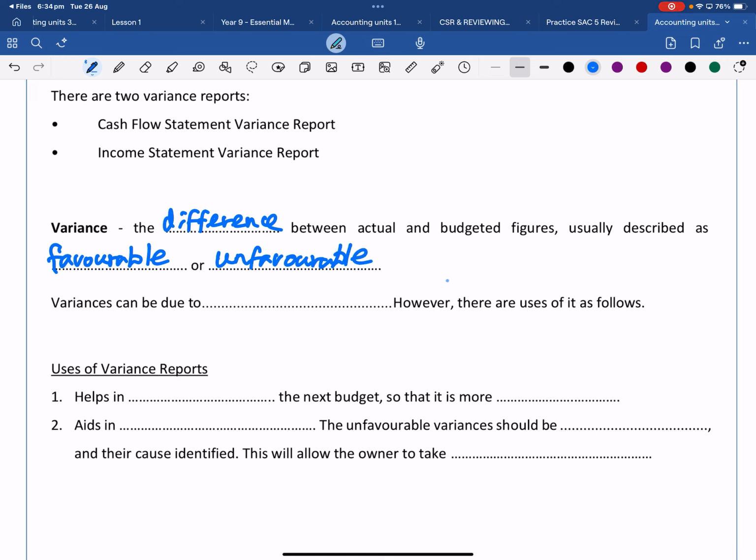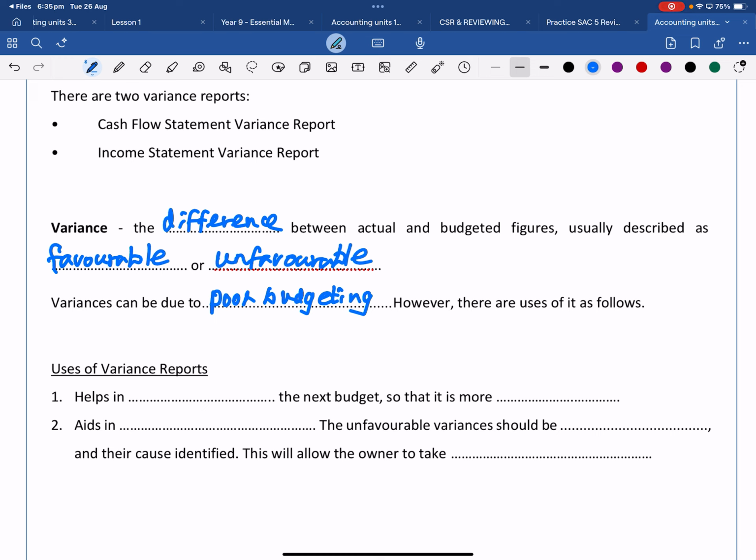Variances can be due to poor budgeting, however, there are uses of it as follows, right?